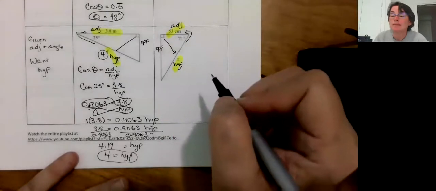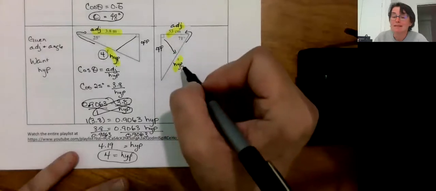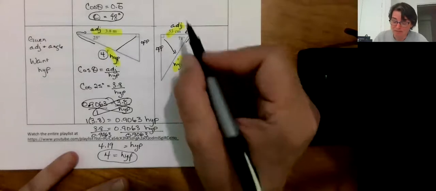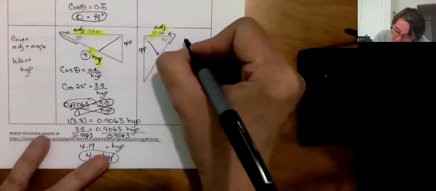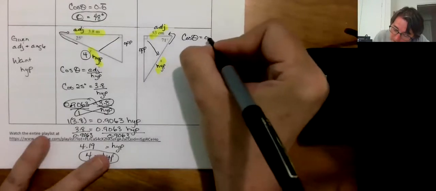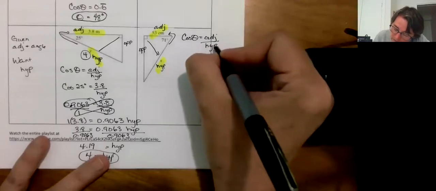And I do that because a couple of times in these worksheets, I've actually had the wrong things. That I had numbers, I had the question in the wrong section. So just double checking. Adjacent hypotenuse, that is indeed cosine. So cos theta is adjacent over hypotenuse.